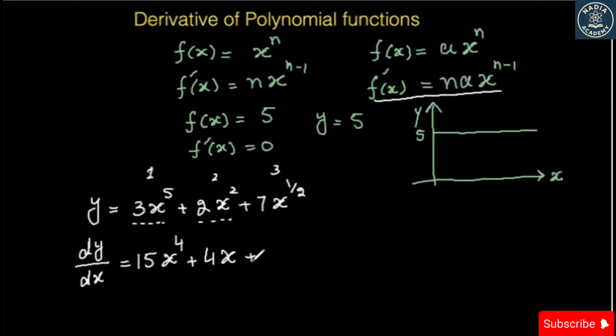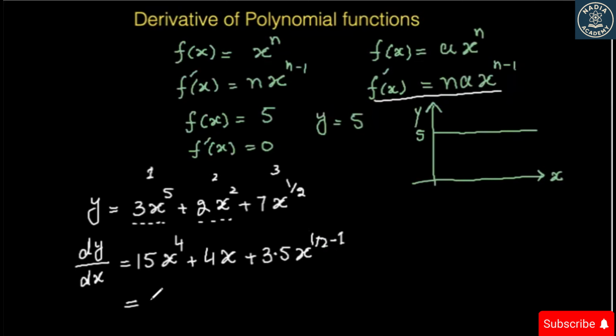In the next term, the power of x is half, so half will multiply with the 7. So we will have half of 7, 3.5, and the power of x will reduce by 1, that means 1 over 2 minus 1.